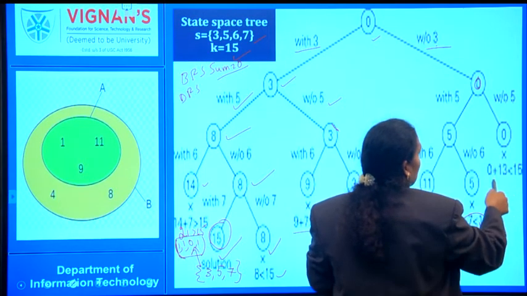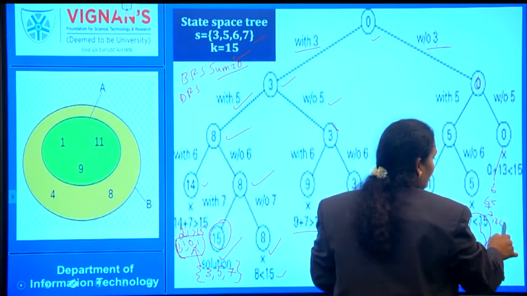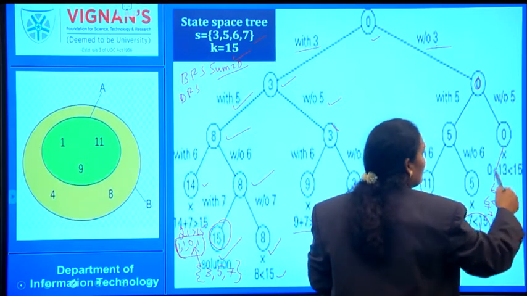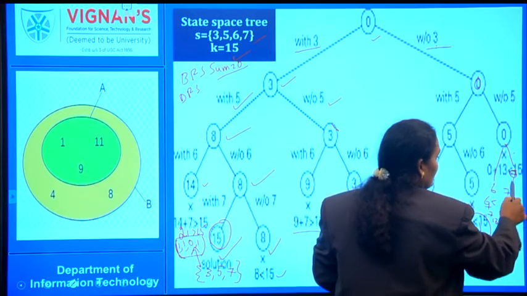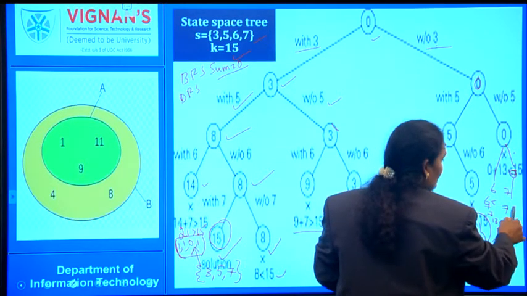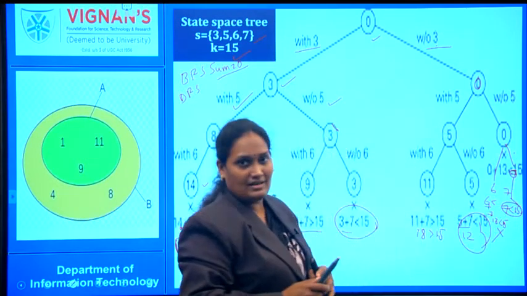If we go with 6, the sum becomes 6, and if we add 7 it is still less than 15, so we did not get the solution. If we go without 6, here also the sum becomes 0. If you go with 7, no more elements are there, and the sum becomes 7, which is less than 15. Here also we did not get the solution.